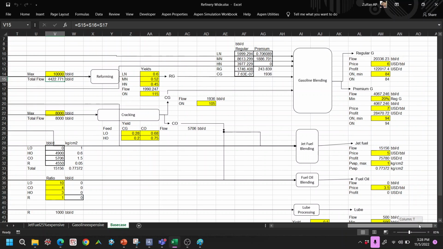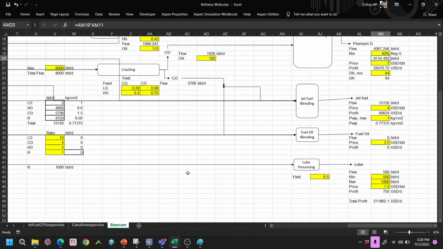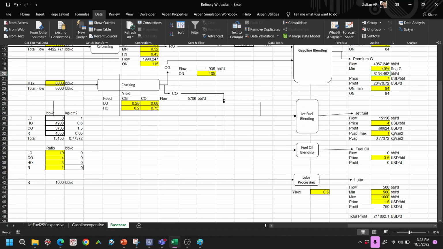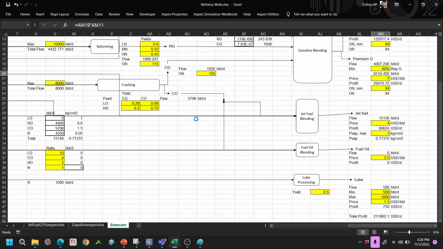For example, in this case, we go back to this. This was 4, and this was 40%. Say this was the base case, so I need to rerun this. So this is then your base case.